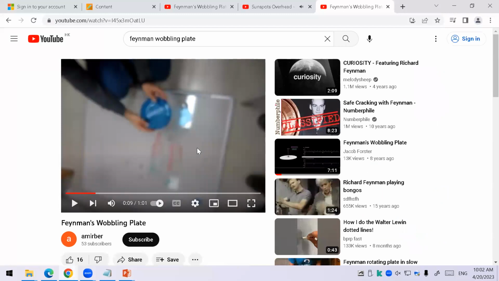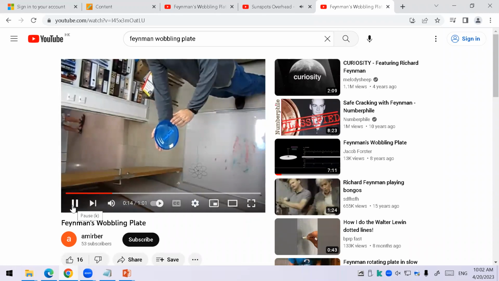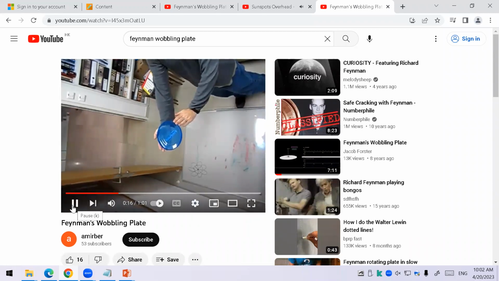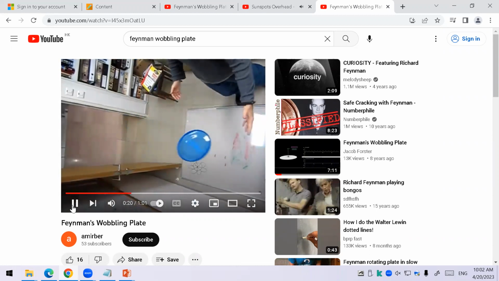So this is a person holding a disc or plate, just like this one, holding it like what I'm doing. It's just a camera from the top, and what they try to do is the following. Try to throw it up and spin it at the same time.